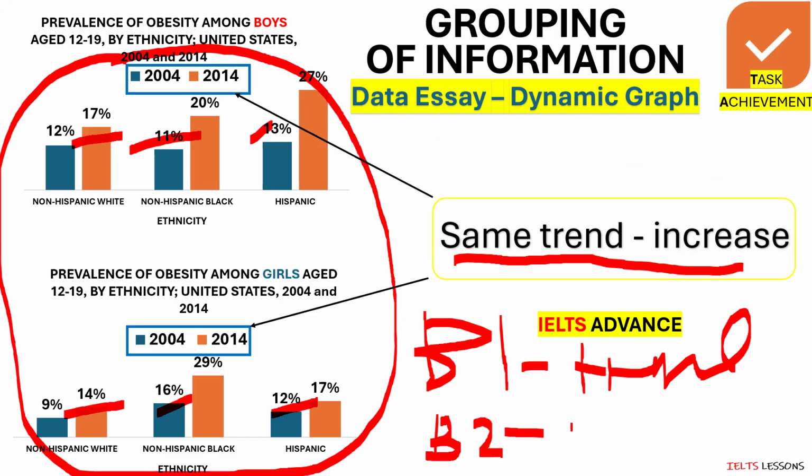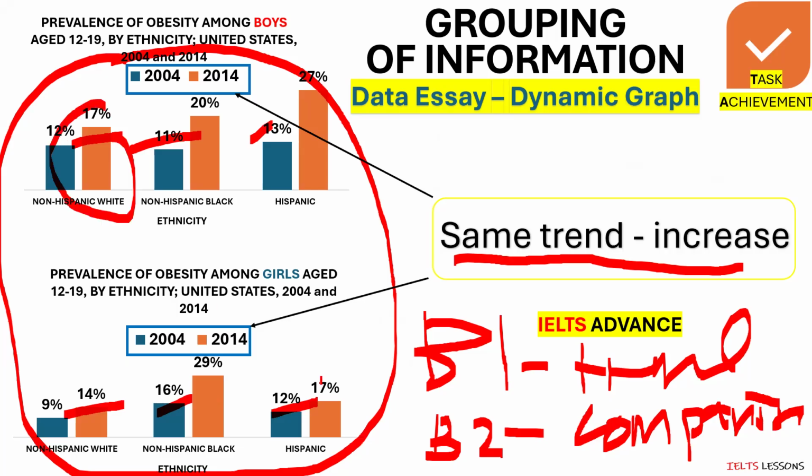And in body paragraph 2, we should write here the comparison or relationship, all right? So we should write here, for example, that the least affected here is the non-Hispanic whites and Hispanic girls. That's the least affected, and the most affected ones are the Hispanic and this one and the rest. Okay.